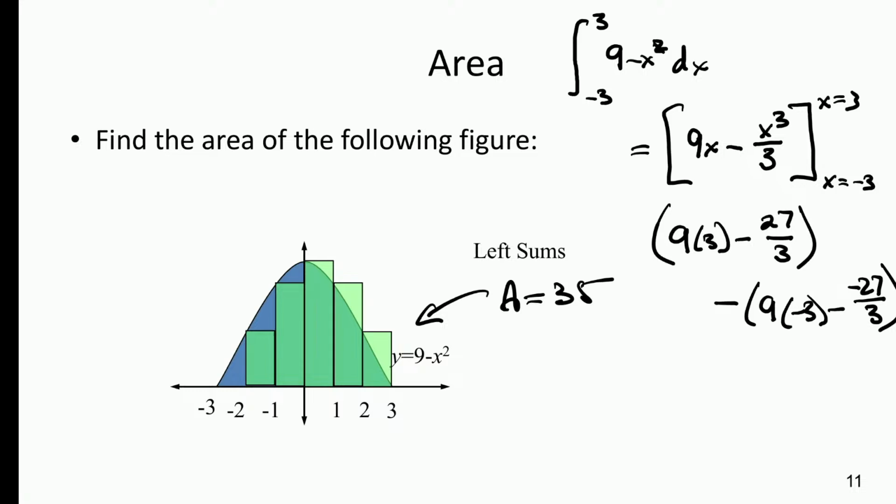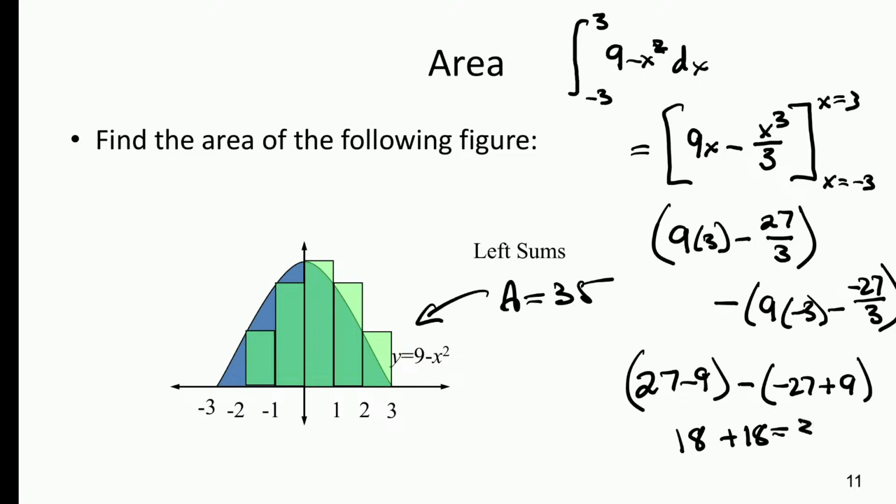This first thing is going to be 27 minus 9, and then minus negative 27 plus 9. So far so good, because you multiply negative times a positive, and here it's negative 27 times a negative over 3. So I've got 18 plus 18 because of the double negative, and that equals 36.